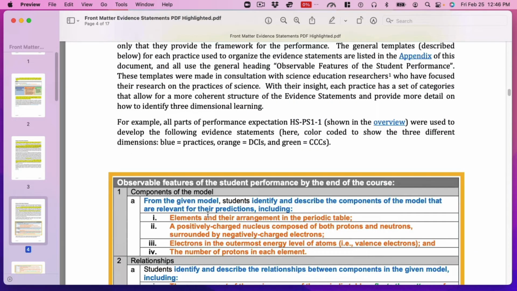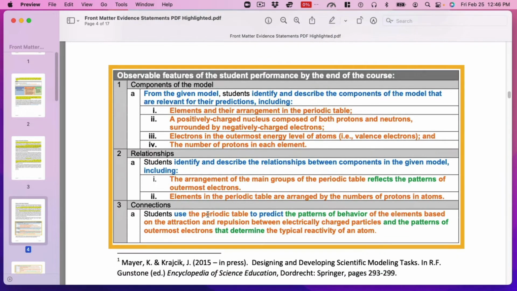When you look at an evidence statement, here's the evidence statement for the physical science performance expectation that we looked at just a little bit ago. You can see that it is framed around modeling because the performance expectation is about modeling.